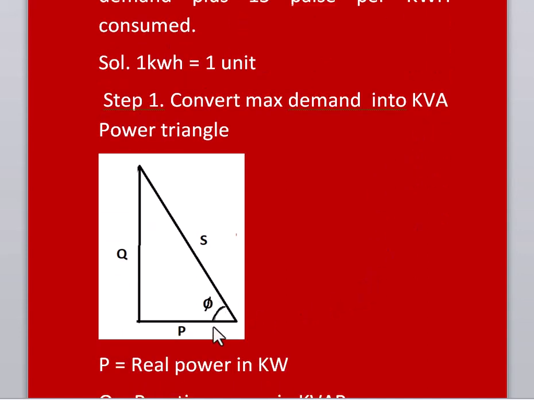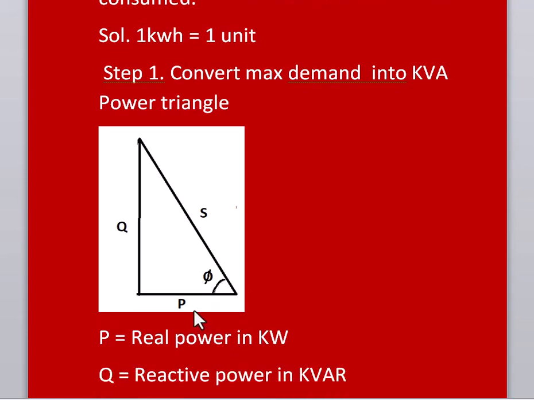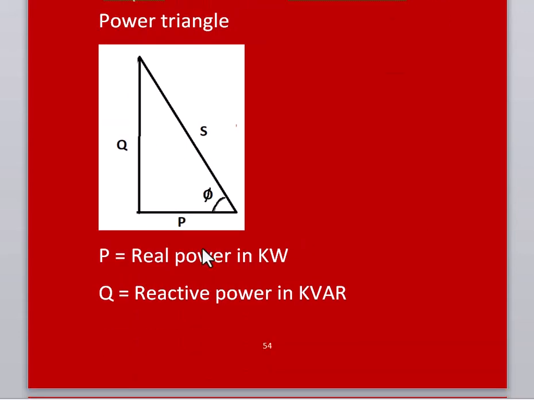From the power triangle we know this is the real power axis, this is the reactive power axis, and this is the apparent power axis. The units for real power are kilowatts, reactive power is KVAR, and the apparent power units are KVA. So the charges are based on KVA.